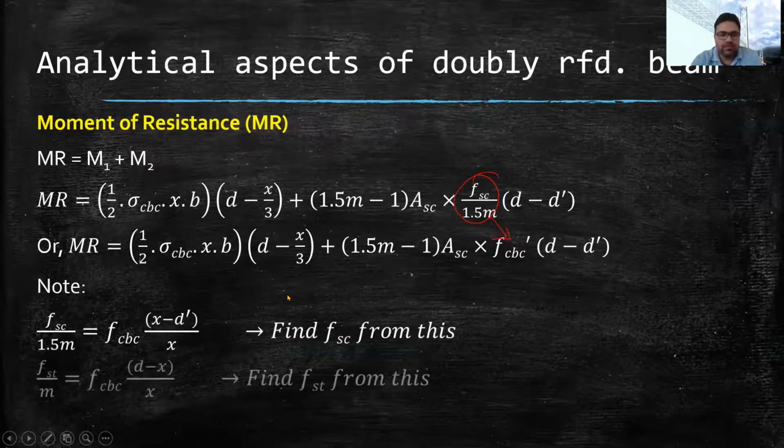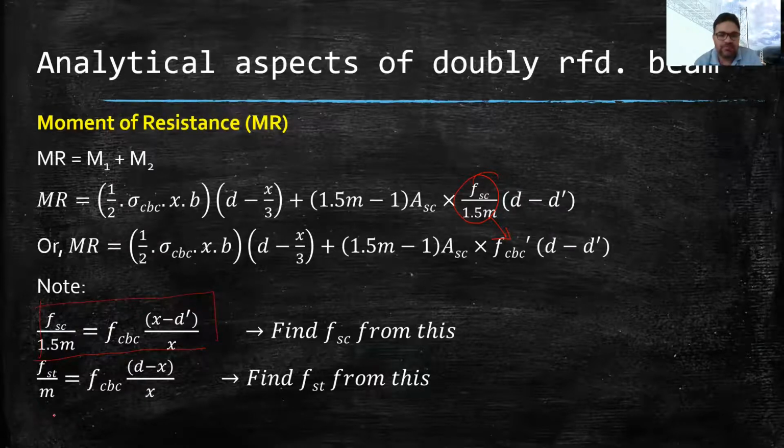Also, we can use these relations to find out the value of FSC, FCBC or FST. I hope you remember, this is actually the expression of the similar triangle property. Using the stress diagram, we have seen this in the singly reinforced beam case also.